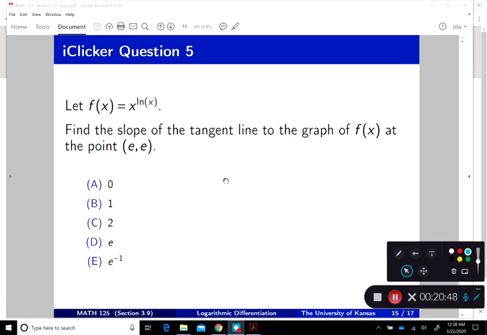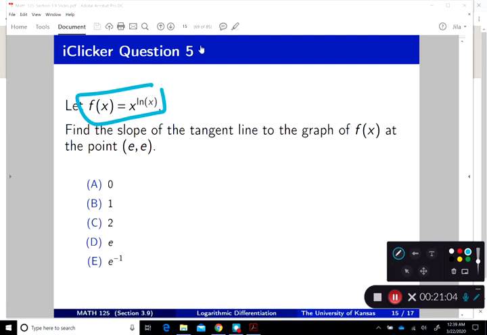So I trust that you paused the video and thought about it, and now it's time to actually solve the iClicker question. First thing is that I have to take the derivative of this.